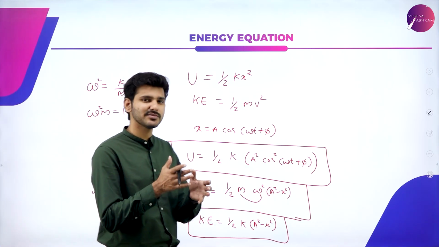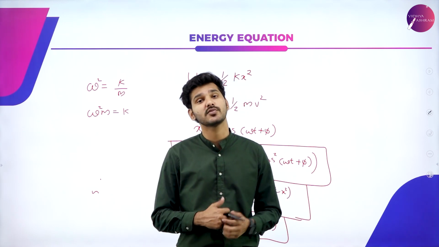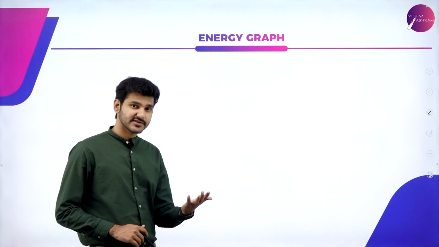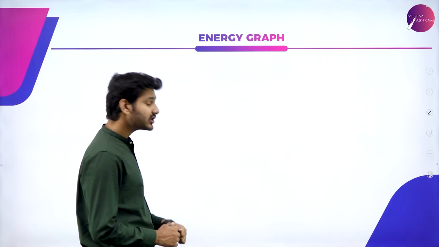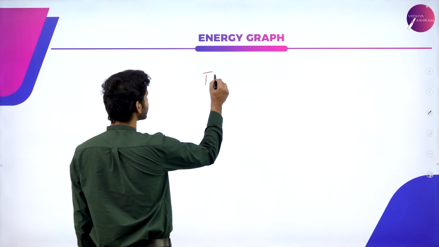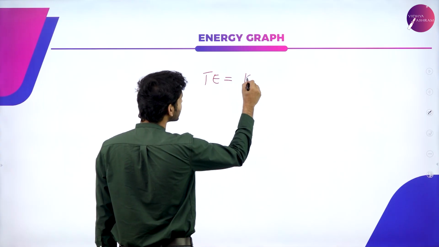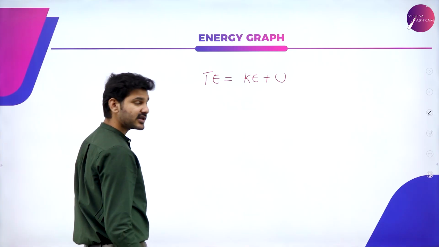Both might seem similar because in the same system, energy is being exchanged with each other. Now before discussing the energy graphs, that is how it is increasing and decreasing, you also have to know what is the total energy of the system. So total energy of a system, or simply mechanical energy, is nothing but KE plus U, that is kinetic energy plus potential energy.